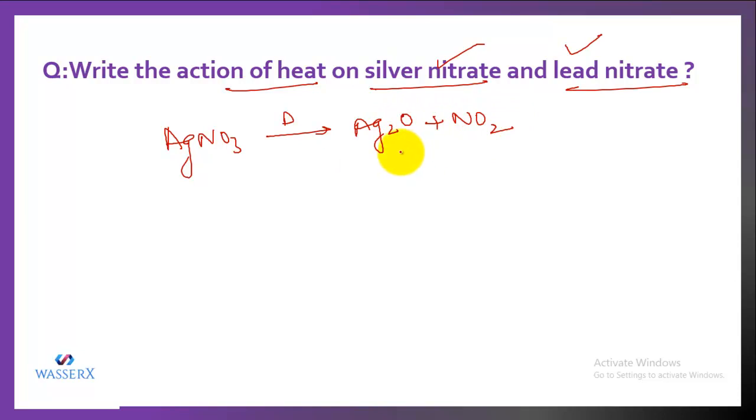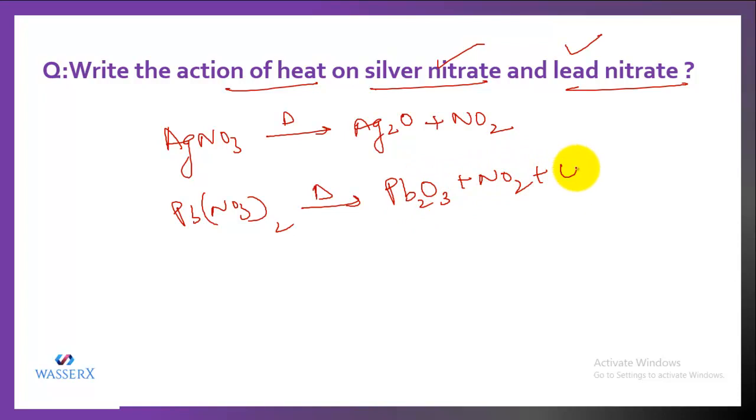But when you thermally decompose lead nitrate, which is Pb(NO3)2, it decomposes on heating and as a result it forms Pb2O3 plus NO2, and we get O2. So this is the effect of heat on silver nitrate and lead nitrate.